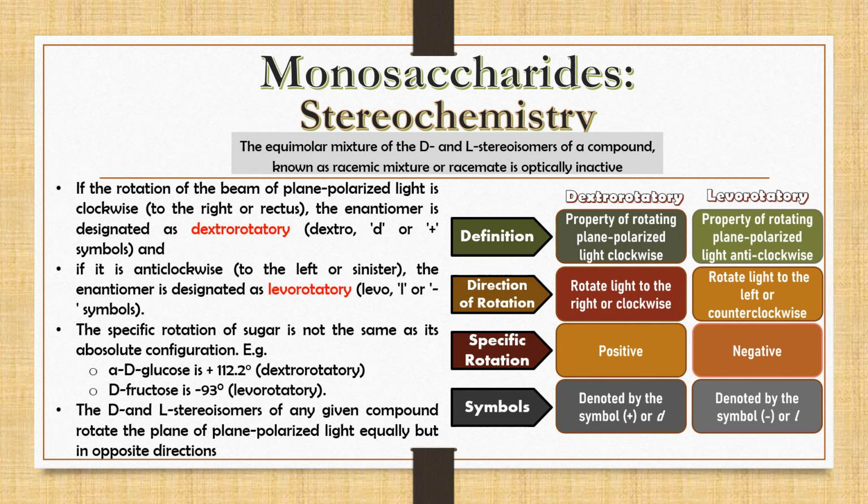And if it is anti-clockwise, to the left, such a compound is designated levorotatory, with small letter l or the minus sign as symbol.